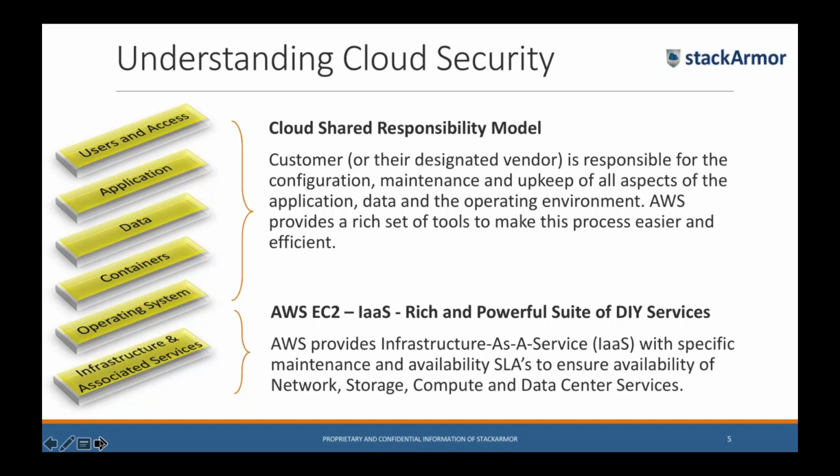And so understanding this piece is a key part to making sure that your vulnerability and penetration testing is commensurate with the layer that you're responsible for. So really, in most cases, operating system and up is the responsibility of the customer or their designated vendor in the event that they have a managed security provider or a managed services provider.